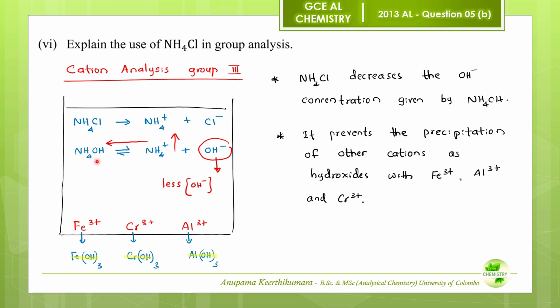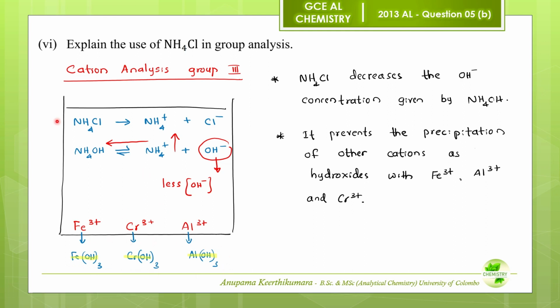The second point, it prevents the precipitation of other cations as hydroxides, with Fe3 plus, aluminium 3 plus and chromium 3 plus ions. Again, if you want further explanation, you can write that Ksp values of these three precipitates are really low.